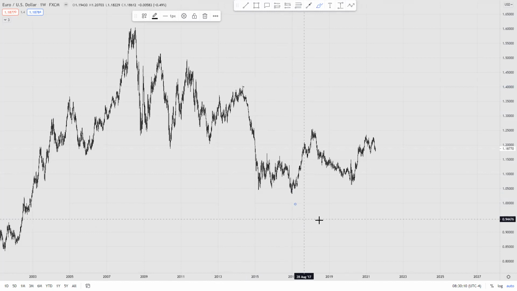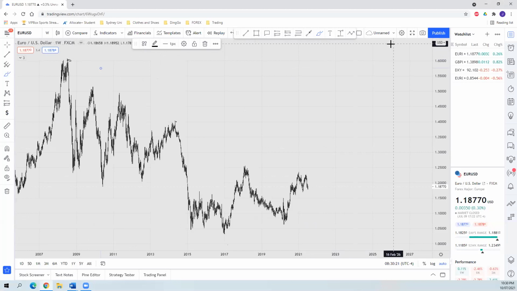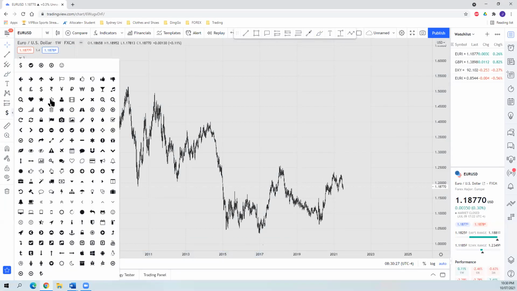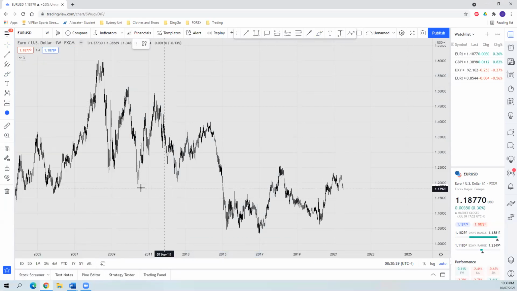But I'll tell you this: that high you marked was not a real high, because where was the highest high that created it? Here. All of those highs would act as internal range liquidity.